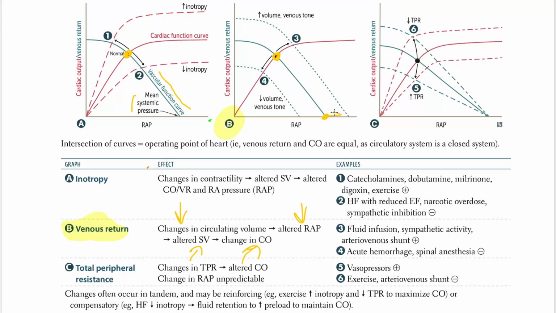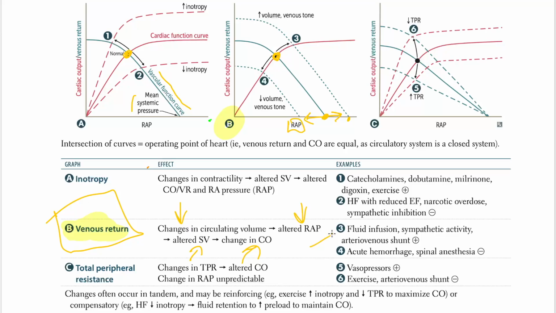Either it's going to increase or decrease the mean systemic pressure, or another way, it's going to decrease or increase the RAP, the right atrial pressure, right? So what are the things that would change the venous return? Okay, let's look at it.